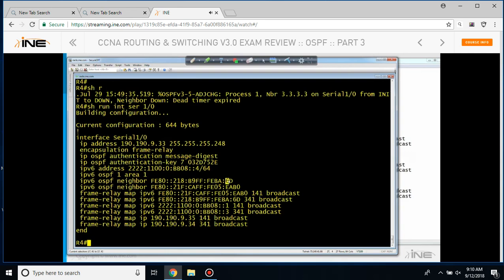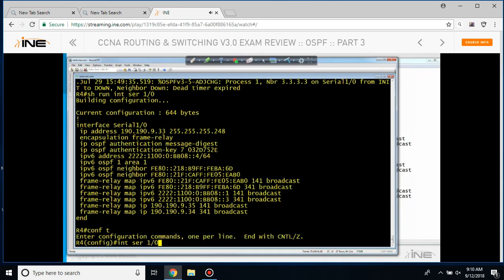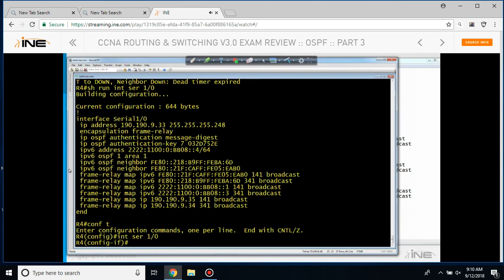Yep, same thing here. And also the neighbor statement is missing those last characters. I wonder how that happened. That's really weird. 6D8.